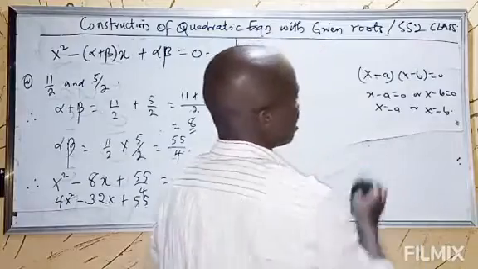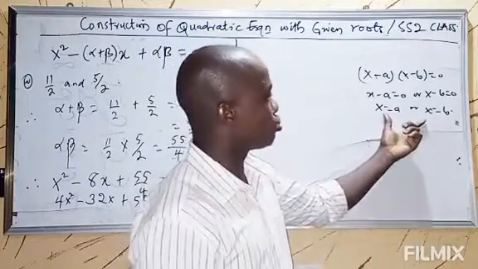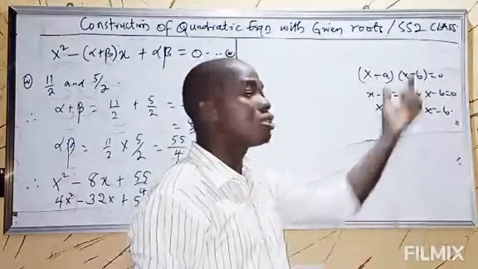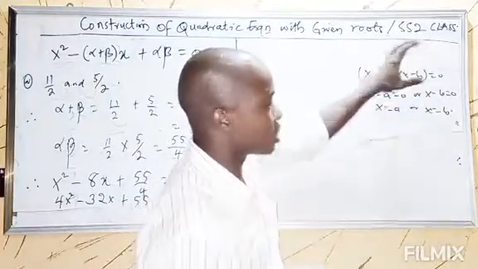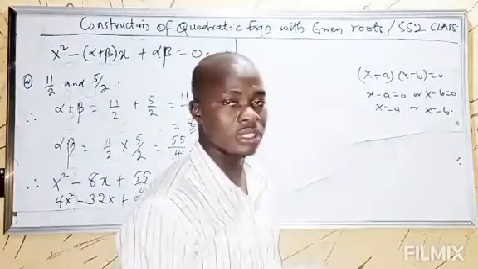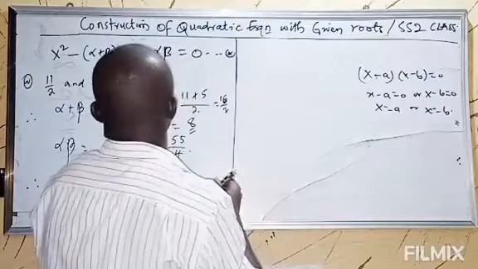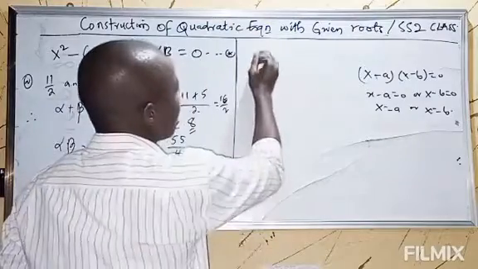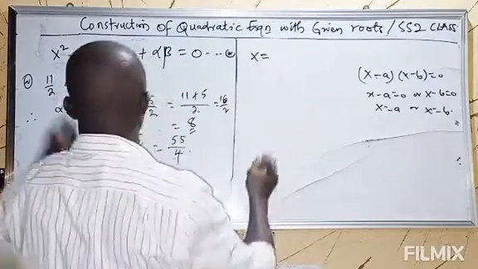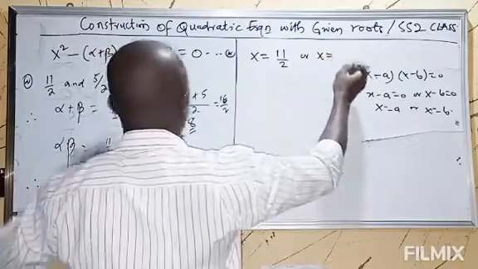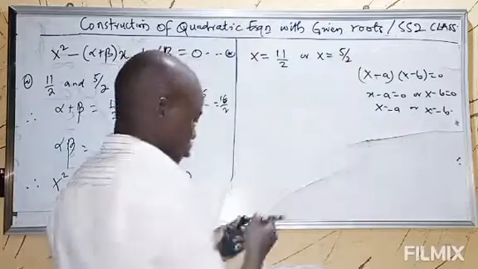So from here, you will be coming from down part here, then going to the first part, we have this. Are you getting it now? So let's see what I'm saying. You can say x equals to 11 over 2 or x equals to 5 over 2. Are you getting it?